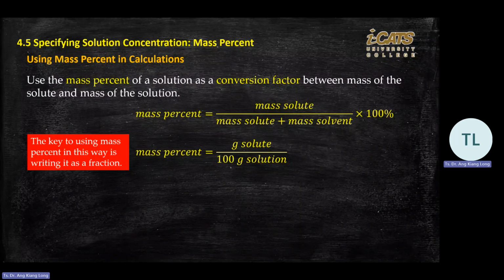Okay, we continue from last week. Last week we stopped at finding the solution concentration by mass percentage. In a solution, you need solute and solvent, so you need something to dissolve in a solution.